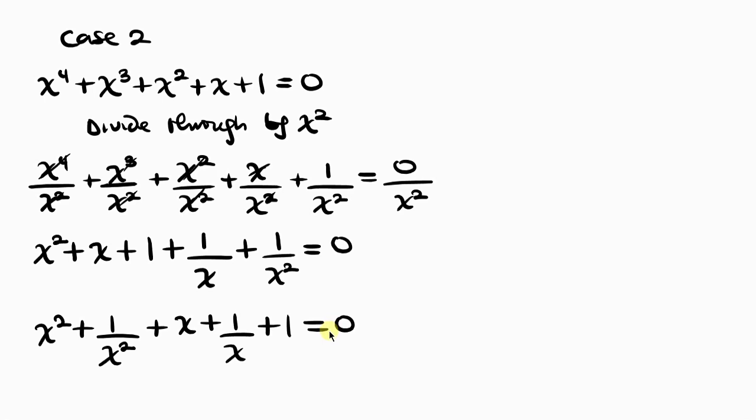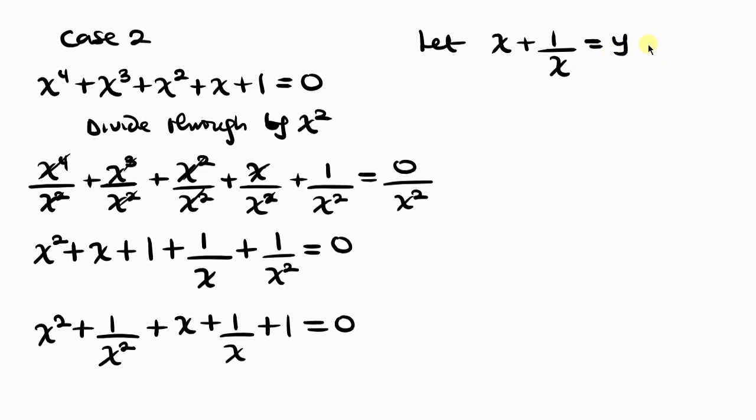So our next step will be for us to apply substitution. I'm going to say let this expression, which is x plus 1 over x, be equal to y. So that means wherever I see x plus 1 over x, I'm going to be substituting y there.